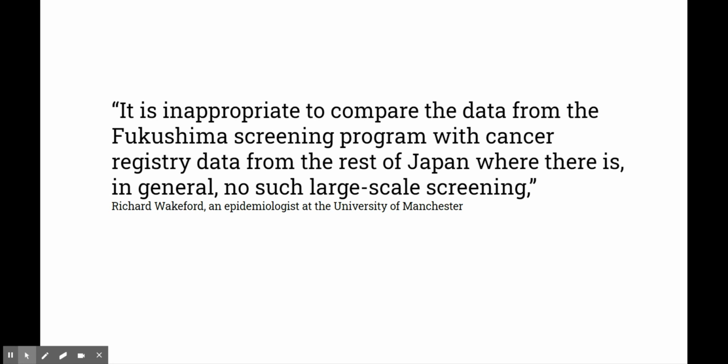Or was the big spike that we saw simply a matter of we were testing more? So, was it that the disease was actually occurring more, or were we just looking for it more? And of course, if we look for something more, we're going to find it.